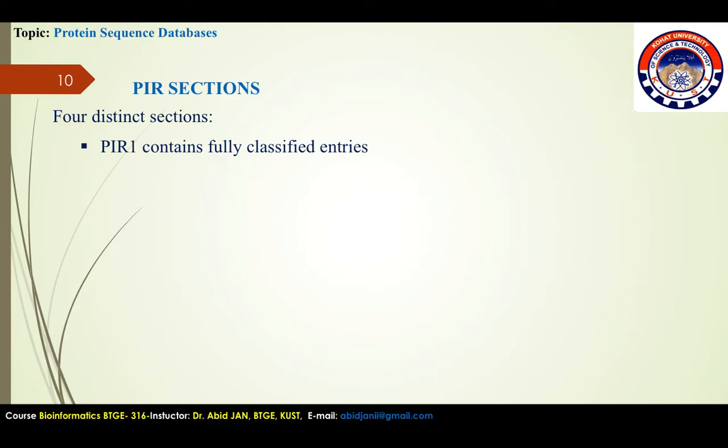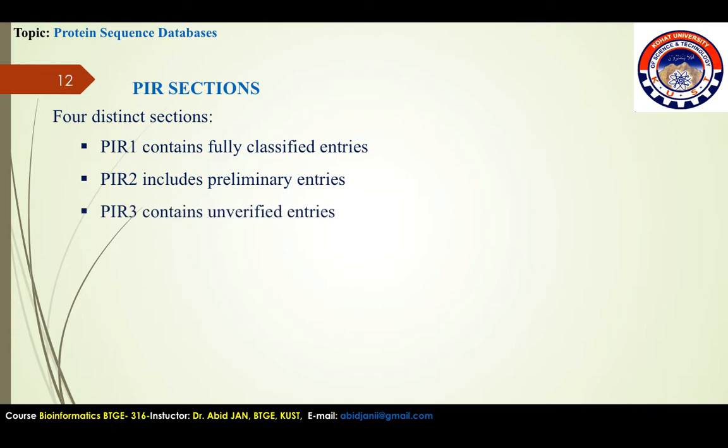PIR 1 contains fully classified and annotated entries. PIR 2 includes preliminary entries which have not been thoroughly reviewed and therefore may contain redundancy. PIR 3 contains unverified entries which have not been reviewed.